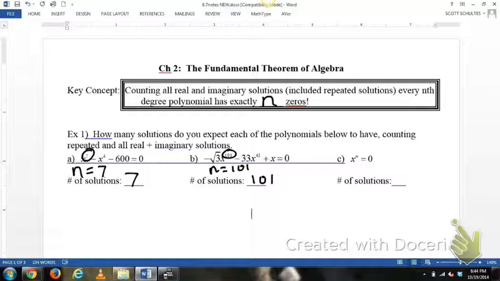If you look at C, the degree is n, so it would have n solutions. That's the first most important thing to realize as we go forward solving equations that involve polynomials: the degree gives you the number of solutions.